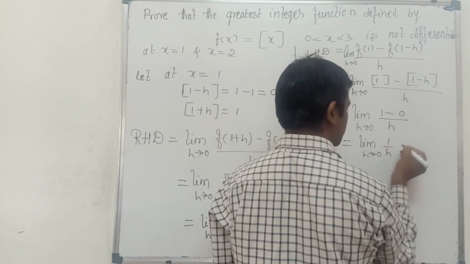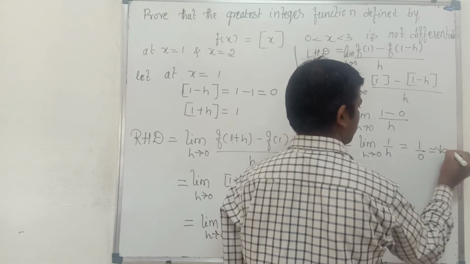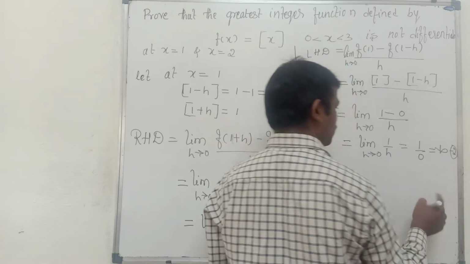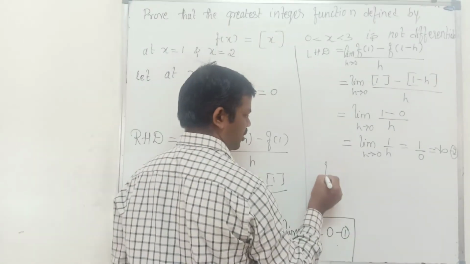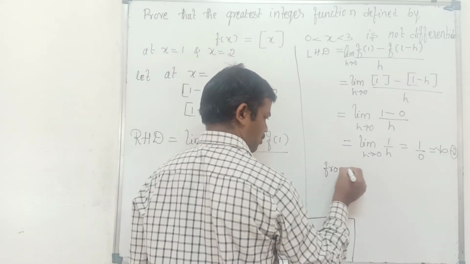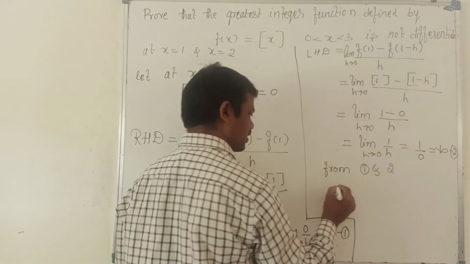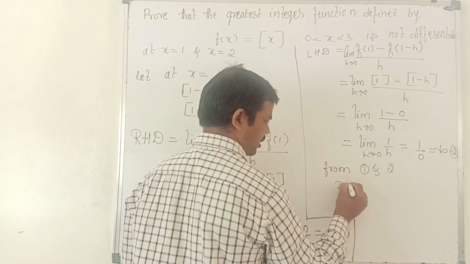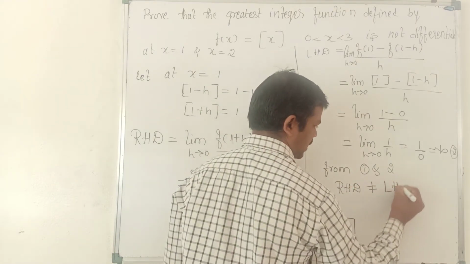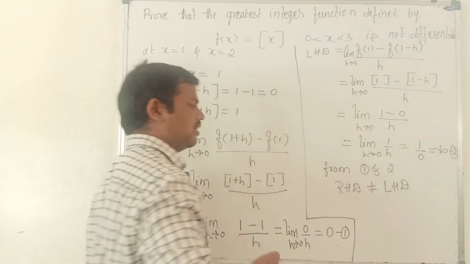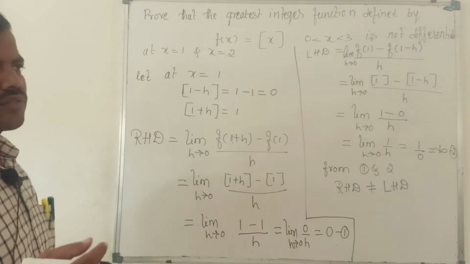Put 0: 1 by 0 is infinity. Name it as 2. So infinity and 0 cannot be equal. From 1 and 2, RHD is not equal to LHD. That is, the right hand derivative is not equal to the left hand derivative.